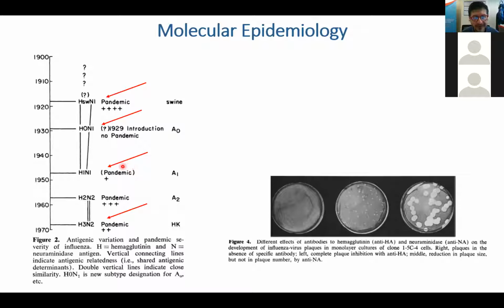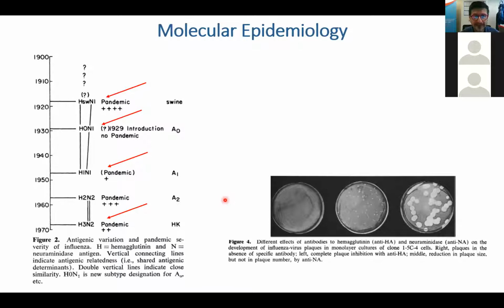So here we see that in this pandemic, for example, we introduced what was known then as the H1N1. After that, we had the introduction of the H2N2 and then the H3N2. And in these changes, we see that something was happening, and definitely the viruses introduced were different based on the observations done at the laboratory.